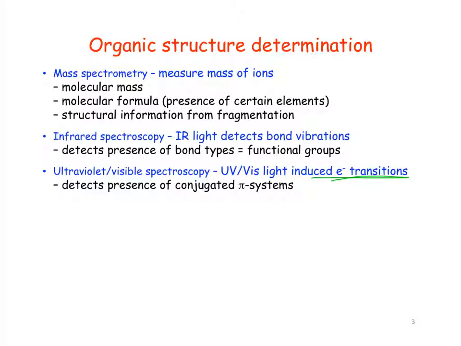Ultraviolet and visible light is the highest energy light we've used in any of our spectroscopy techniques. What it's good at is detecting conjugated pi systems. What's a conjugated pi system? It has resonance. What do we need to have that? We have to have pi bonds that are linked together. Conjugated means we have pi bonds next to each other.